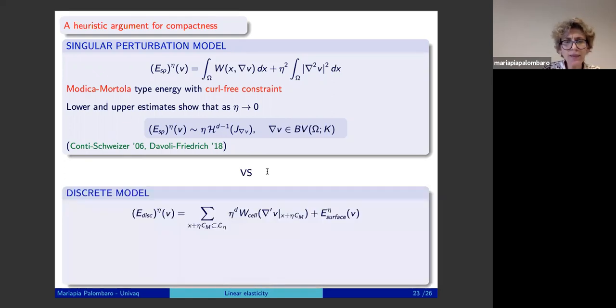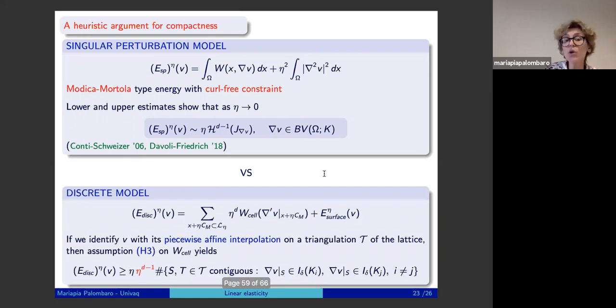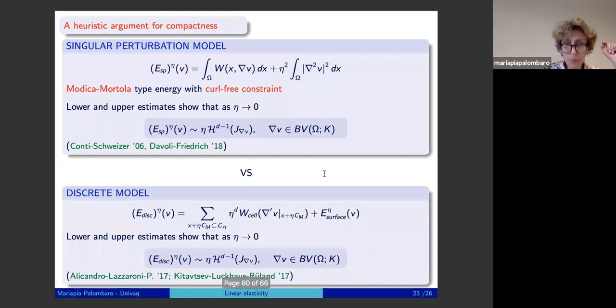In the discrete setting, we have something similar. These are our discrete energies. And because of the third assumption, the penalization of the jumps from one well to another, one can prove, and this has been done in previous papers, that the discrete energy goes in the same way.